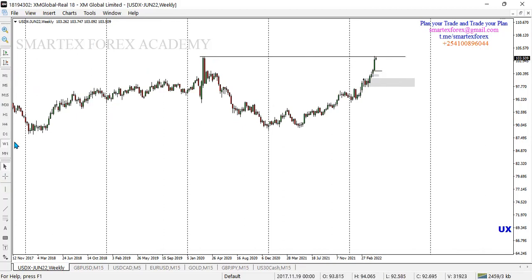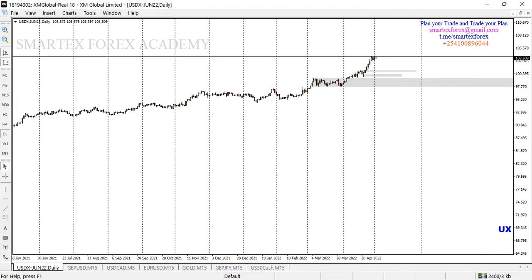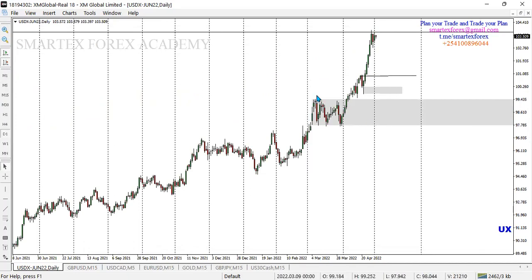And then on the daily time frame, we have a zone here. In case the price reaches this high, we may expect it to come back to this zone here or this one, because there is a lot of imbalance here on this daily time frame.